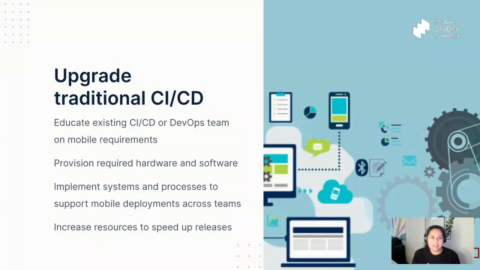You'll also likely need to increase resources to speed up releases. This is just if you may need to have concurrent builds if you are building for multiple different versions at the same time or different platforms at the same time to ensure that you can redeploy to users as quickly as possible.